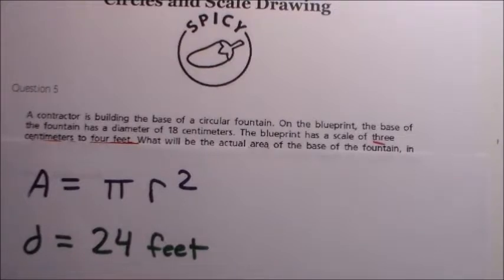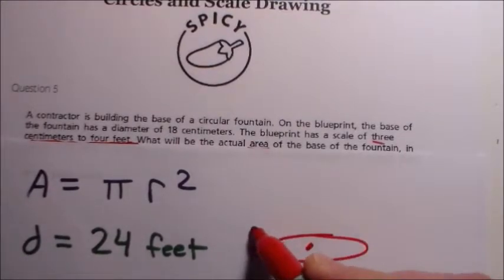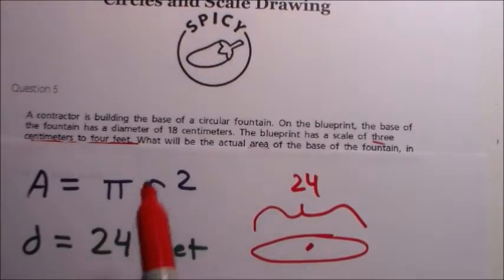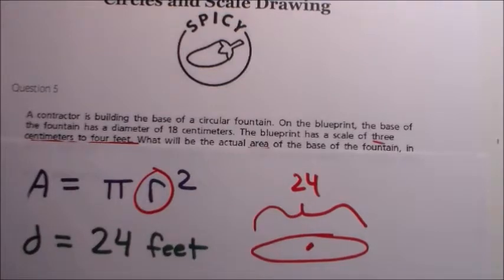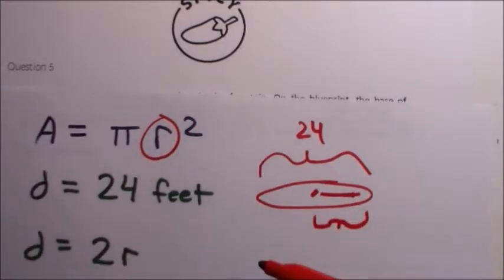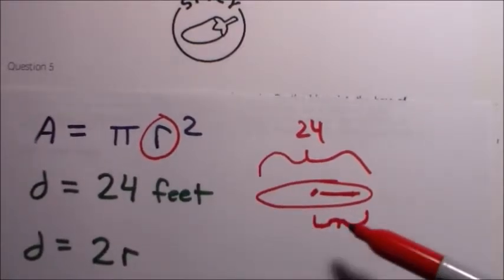Well, this is kind of tricky, right? Because the whole diameter is 24, but the formula for area focuses on radius. So we need to know the radius. That's the number we're going to plug into our formula. If the diameter equals 24 feet, how long is the radius?